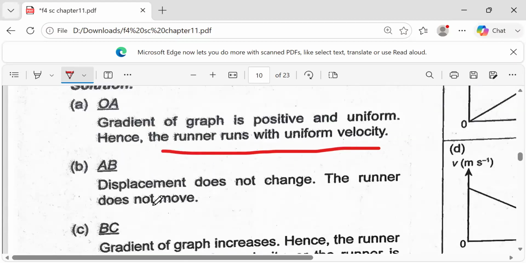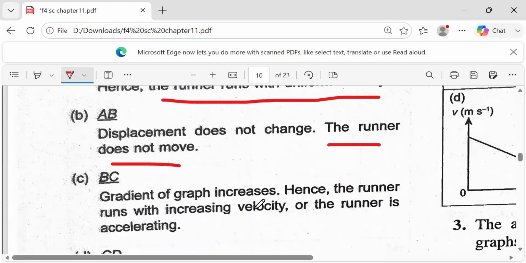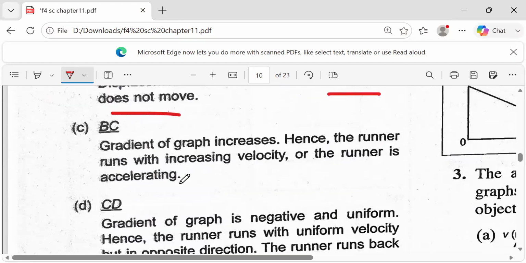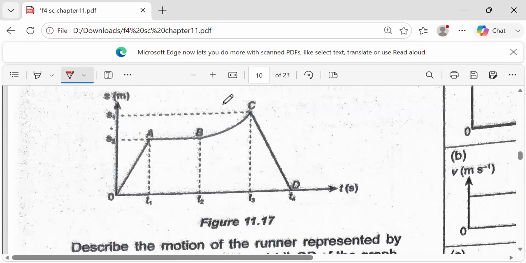A to B, the runner does not move. B to C, the gradient of the graph increases. The runner is running with increasing velocity, or the runner is accelerating. C to D, the graph is negative and uniform. He is running, but he's running in the opposite direction because the distance is going back.